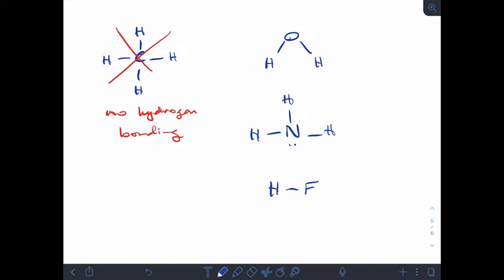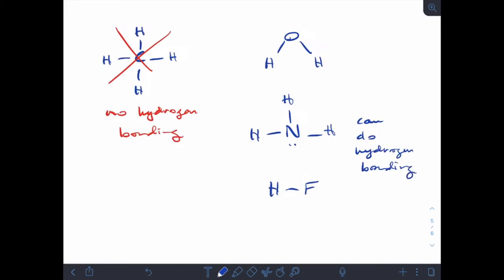These are examples of molecules that can do hydrogen bonding. Not just these, but these are examples.